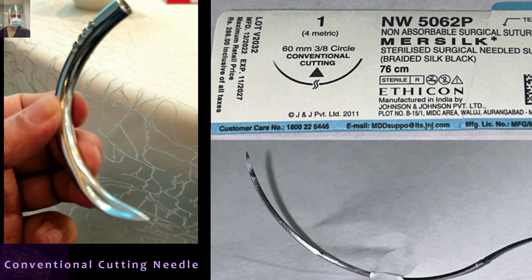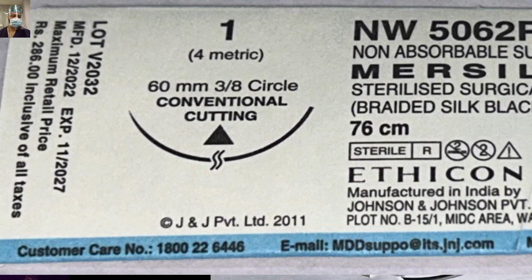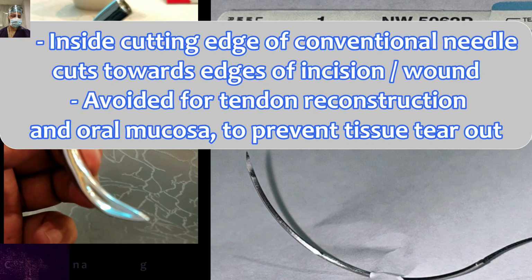Again 60 mm is the shaft length, and 3/8 is the circumference they have used, and this is a conventional cutting number 1 silk suture. Because the cutting edge of the conventional needle is towards the concave side, toward the incision or the wound, these are avoided for tendon reconstruction and oral mucosa, because they can easily tear it out.